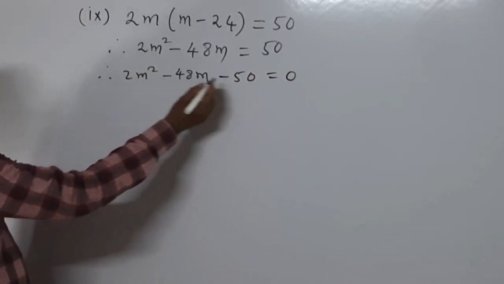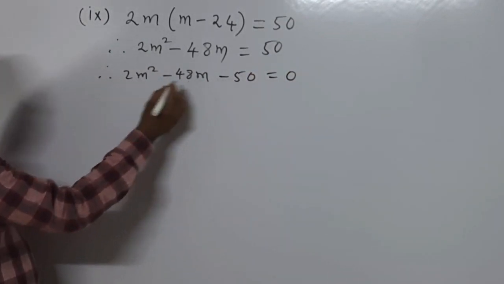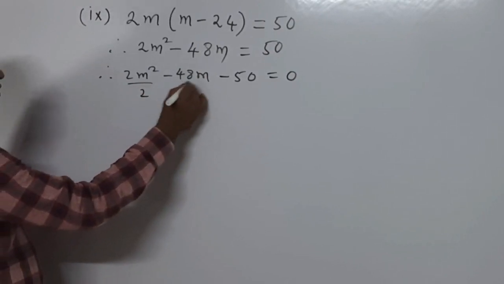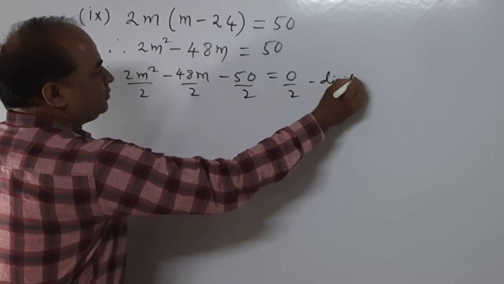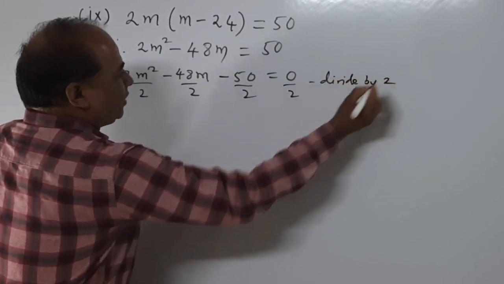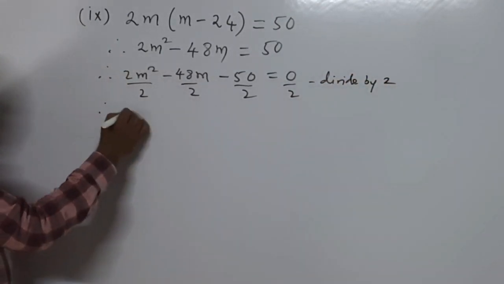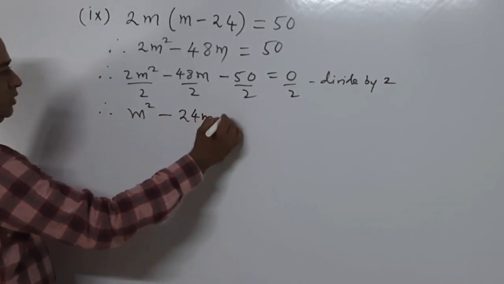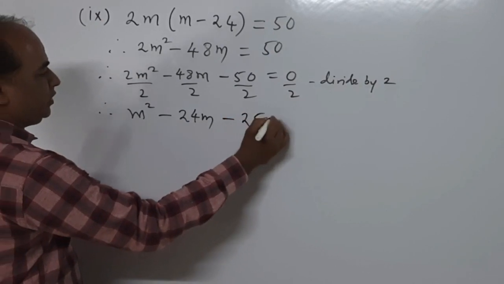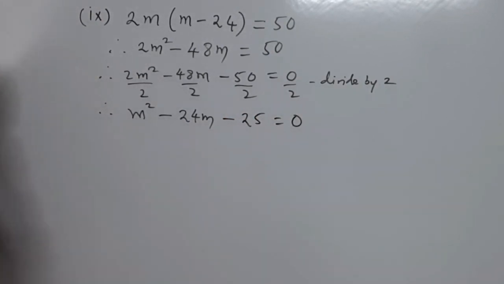Now here 2 is the common term in each term of this equation. So dividing the equation by 2, we'll get here m square minus 24m minus 25 is equal to 0.